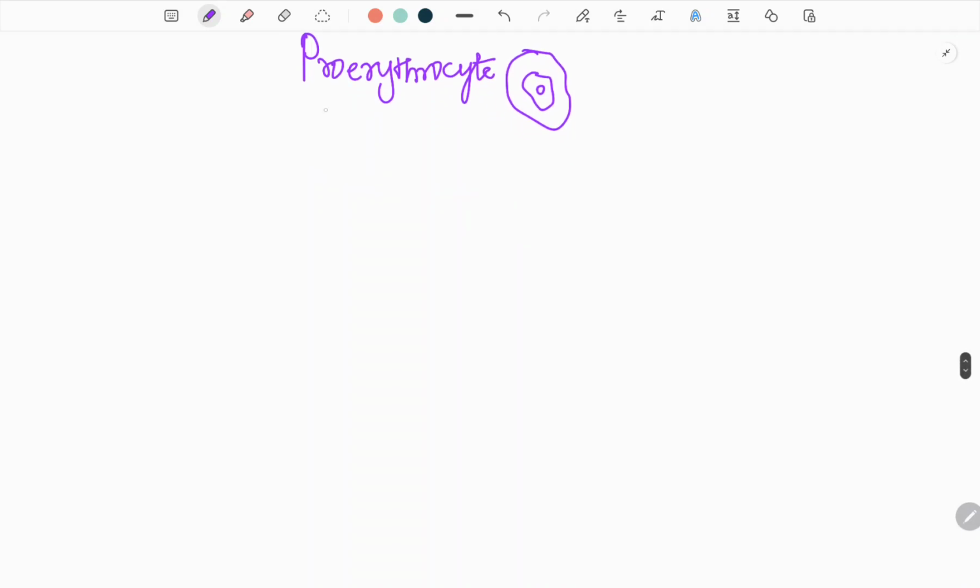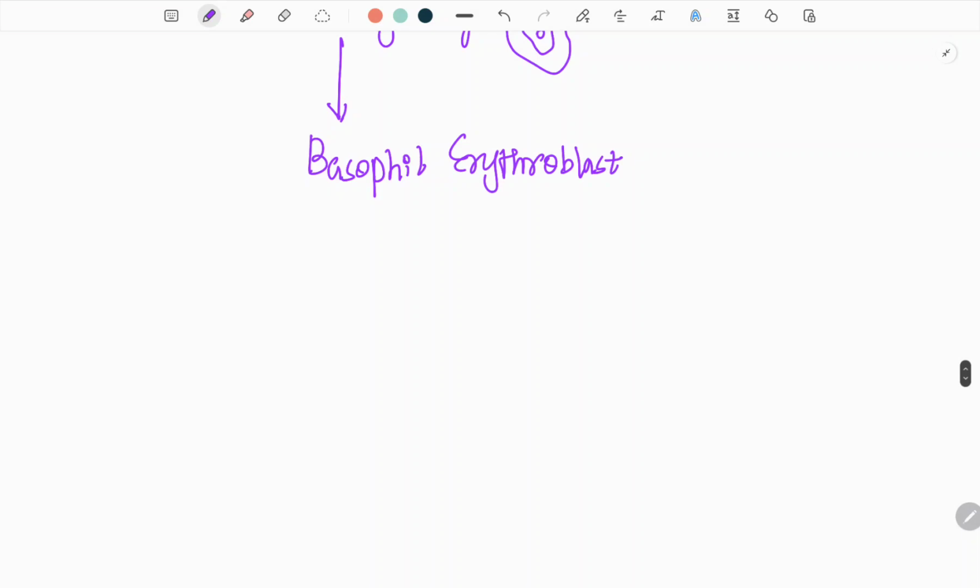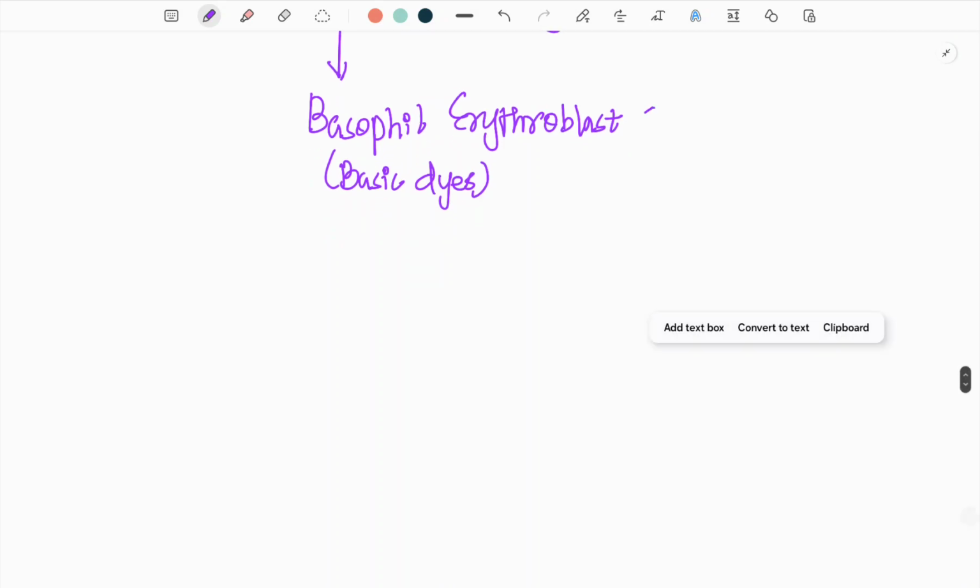This is important. Now proerythrocyte will then divide into basophil erythroblast. This is known as basophil because it stains with basic dyes. Remember this.